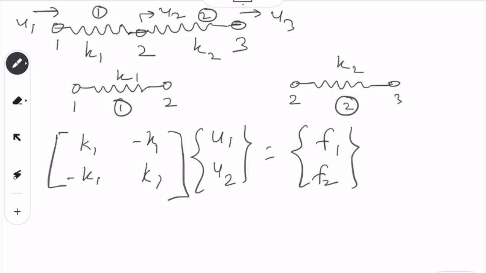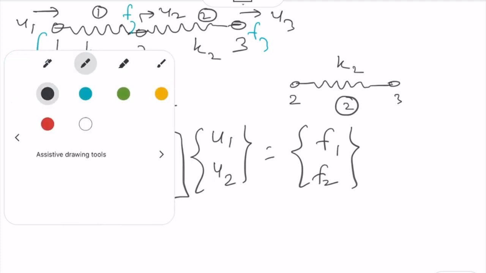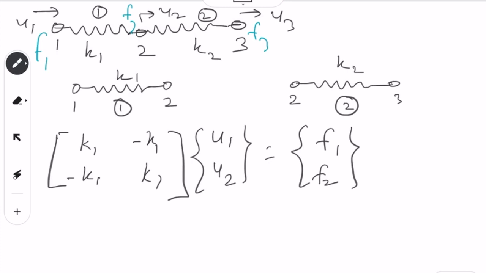We have to write here, actually, there is a displacement as well, so here we have force as well. So we have F1 here, then F2 here, and then F3 here. So all the forces should also be written. Okay. So this is what we get from this one.